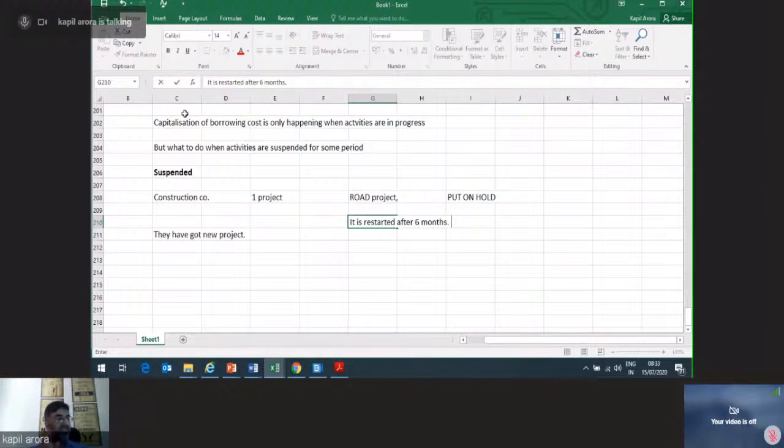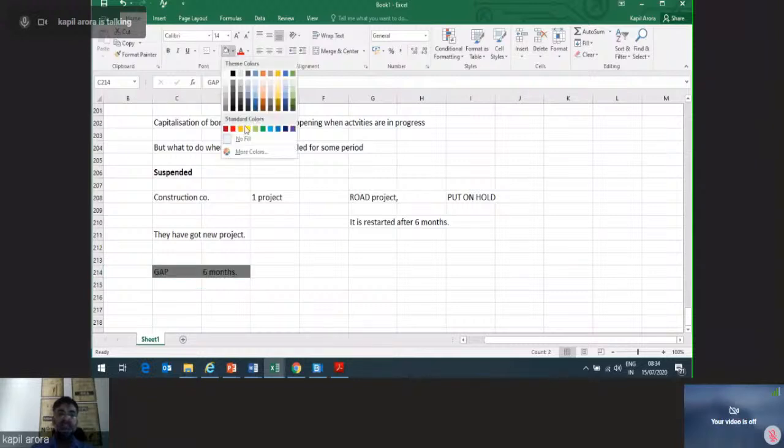Payal, it is applicable to IAS 38 also. It is applicable to intangible assets also, which I have mentioned, that development of the software will also be part of it. So it is restarted after 6 months. So what is the gap here? The gap here is 6 months.